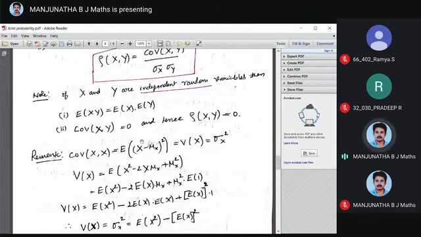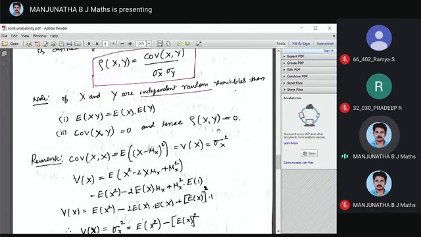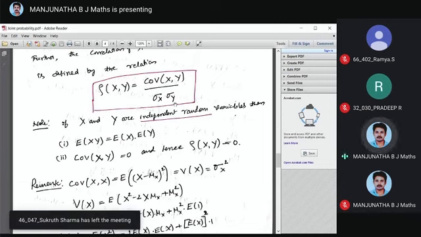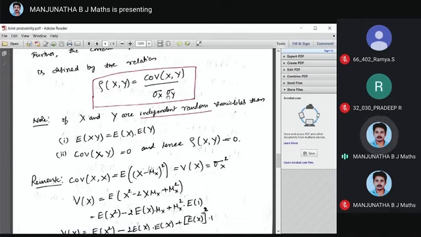Once covariance of x and y is 0, obviously rho of x comma y is 0, because the covariance in the numerator is 0, and sigma x and sigma y are standard deviations, which are positive. Therefore their product is positive, so it is 0 divided by a finite value, which is 0.